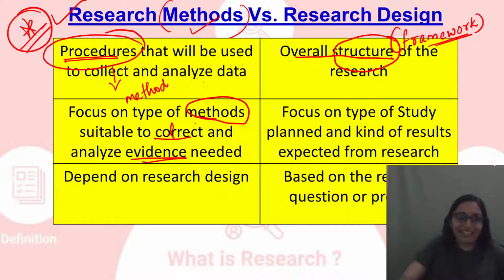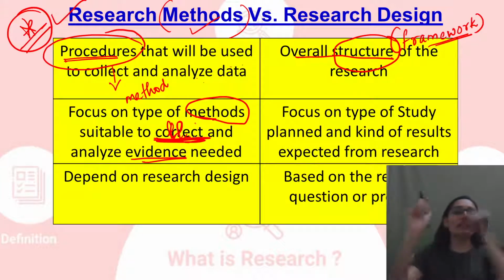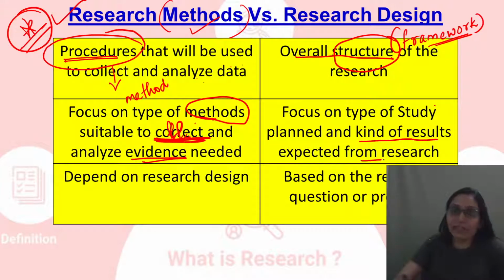It's not correct, it's collect, that's a spelling mistake. So the research method focuses on what are the methods that are suitable to collect and analyze the evidence needed for the research. And it focuses on types of study planned and kinds of results expected from the research.